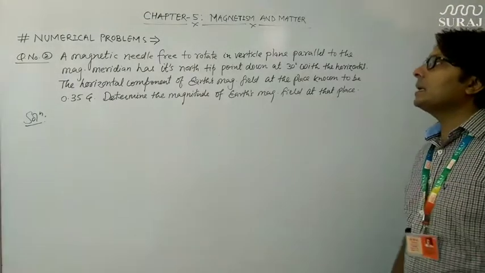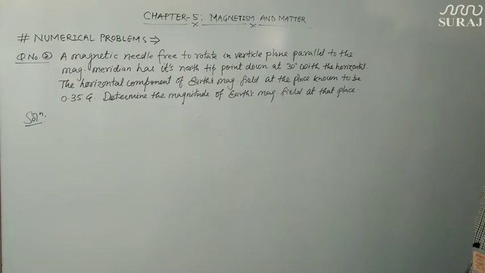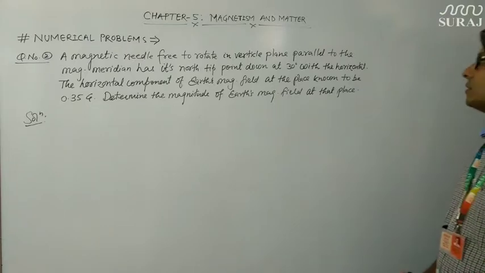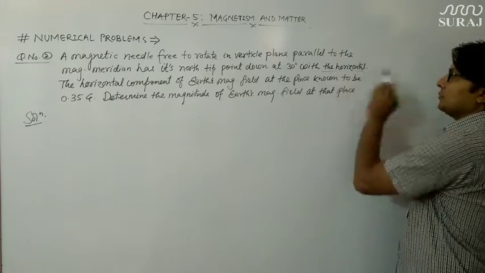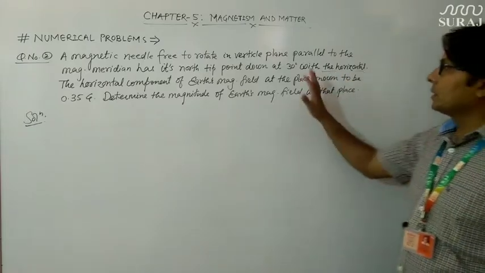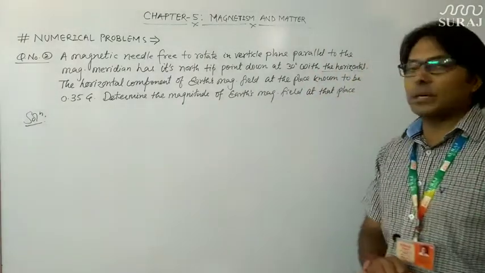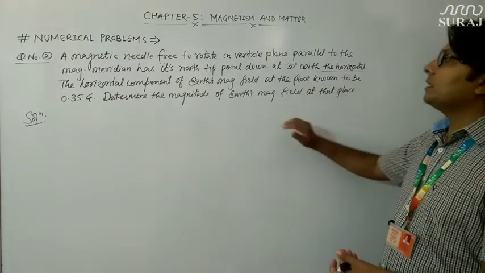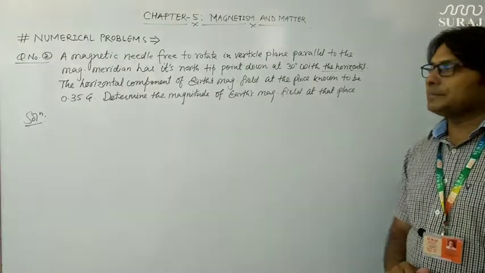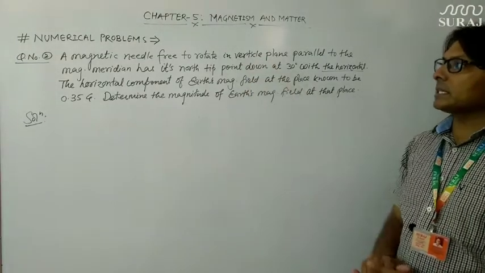A magnetic needle free to rotate in a vertical plane parallel to the magnetic meridian has its north tip point down at 30 degree with the horizontal. So this much information is given about the angle of the tip.